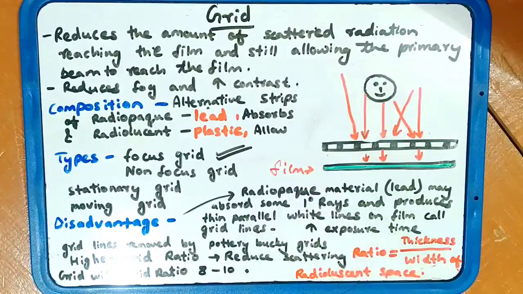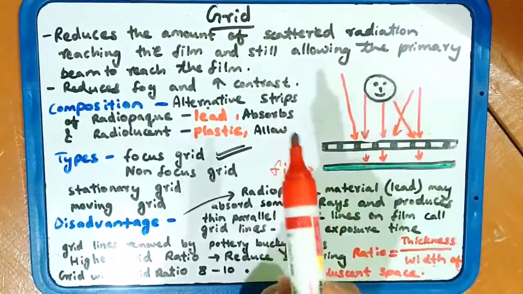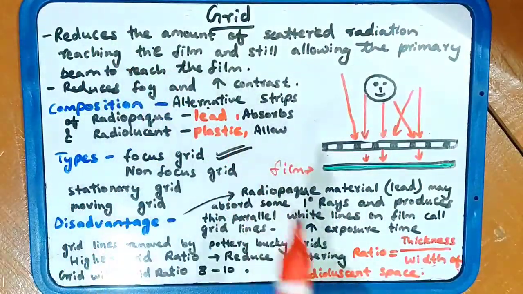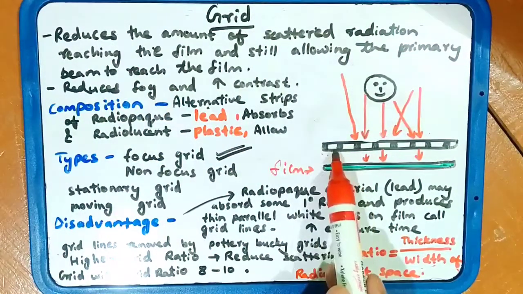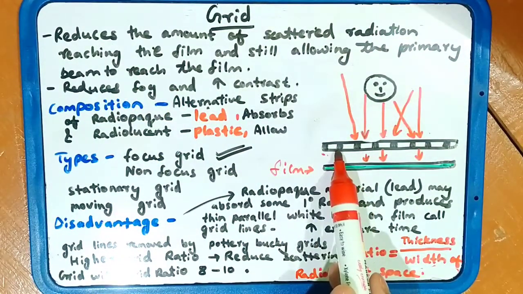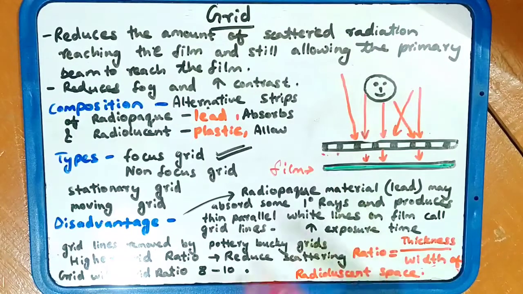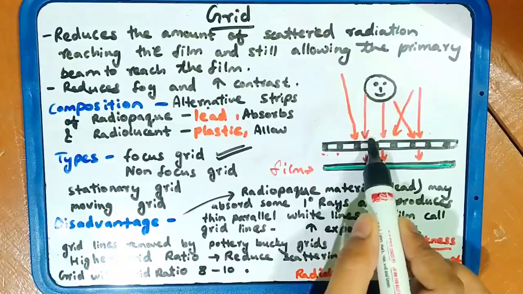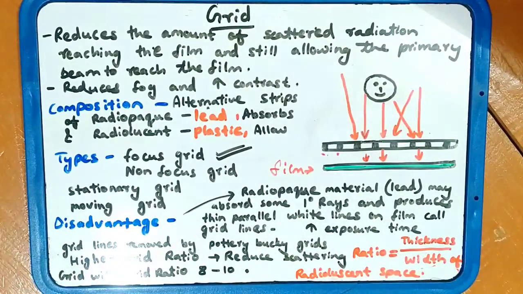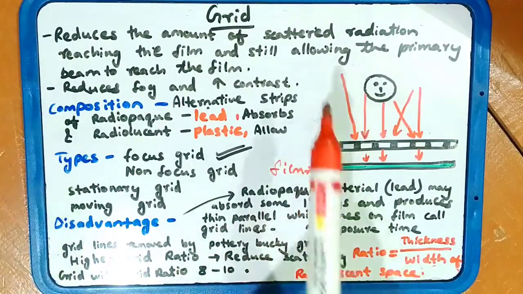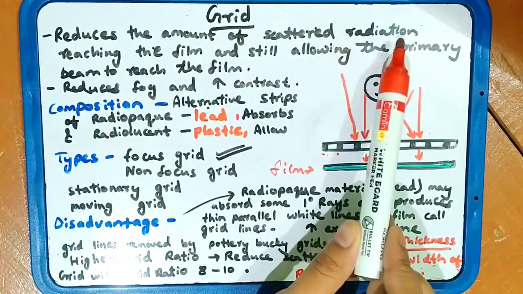What is the grid? Grid is a material where alternate radio opaque as well as radiolucent material is present. And what does it do? Grid reduces the amount of scattering radiation.